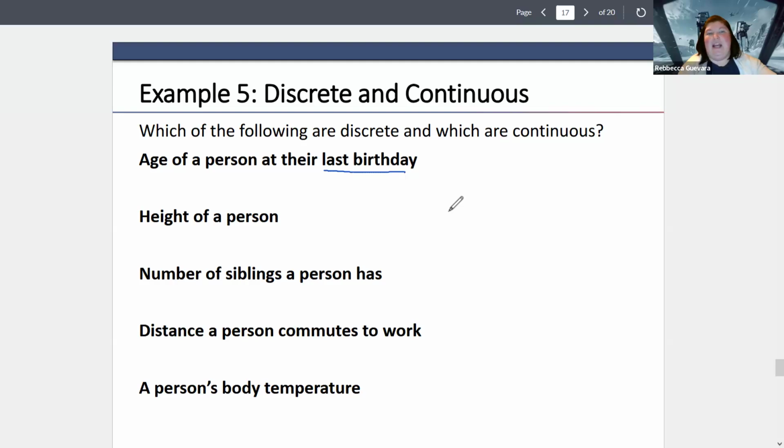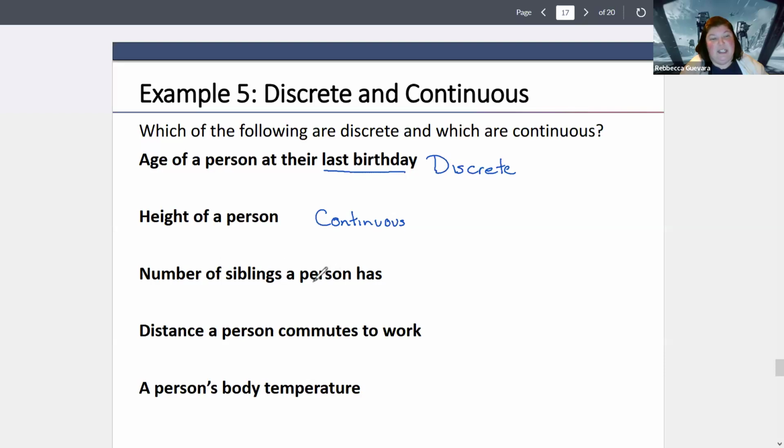If you're talking about age of a person at their last birthday, that would be discrete. The height of a person, that's continuous, because you could be 5 feet 3 inches, or you could be 5 feet 3.2 inches, or 5 feet 0.1 inches. You have a spectrum of values you can be.